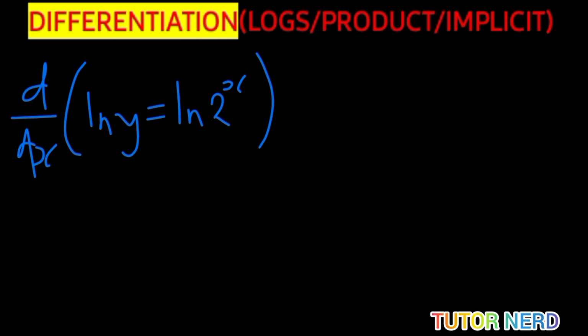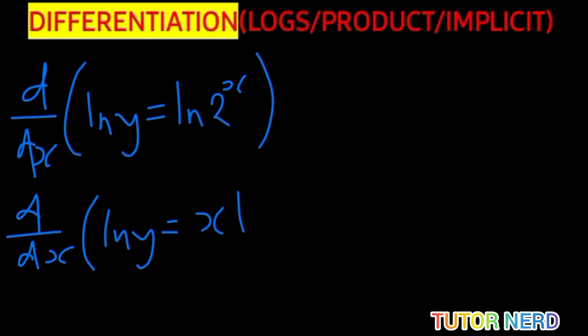So we're going to say d over dx of ln y being equal to x ln 2, like this. Very simple. I think you're following now step by step.